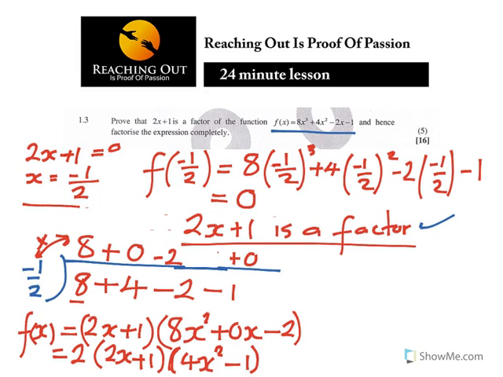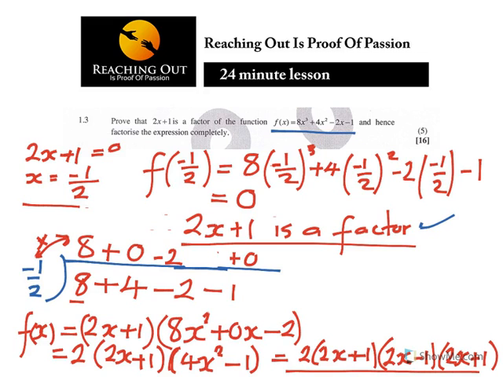Now 4x squared minus 1 is also a difference of 2 squares, which is equal to 2, and then you've got 2x plus 1, and then 4x squared minus 1 is 2x minus 1, and another 2x plus 1. I was just squeezing this all together, but in a way this was the full version of the factorize completely.